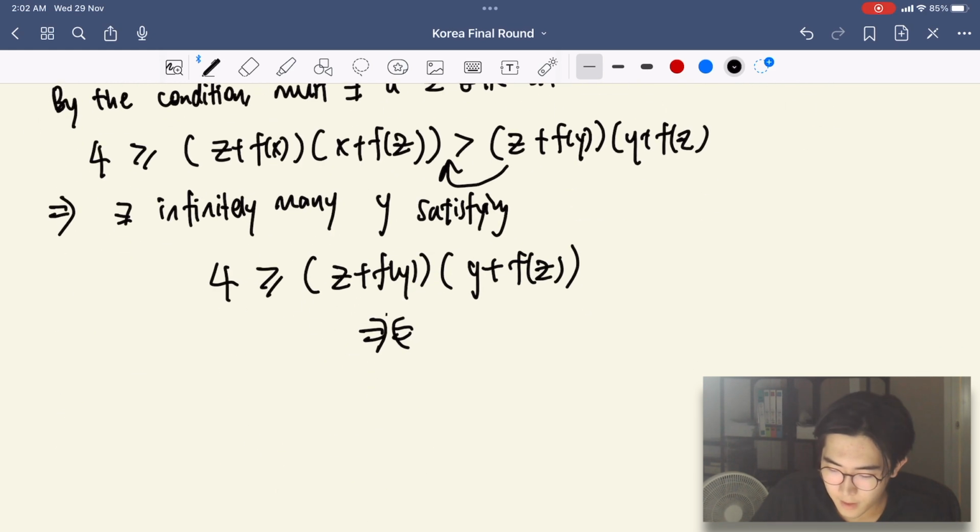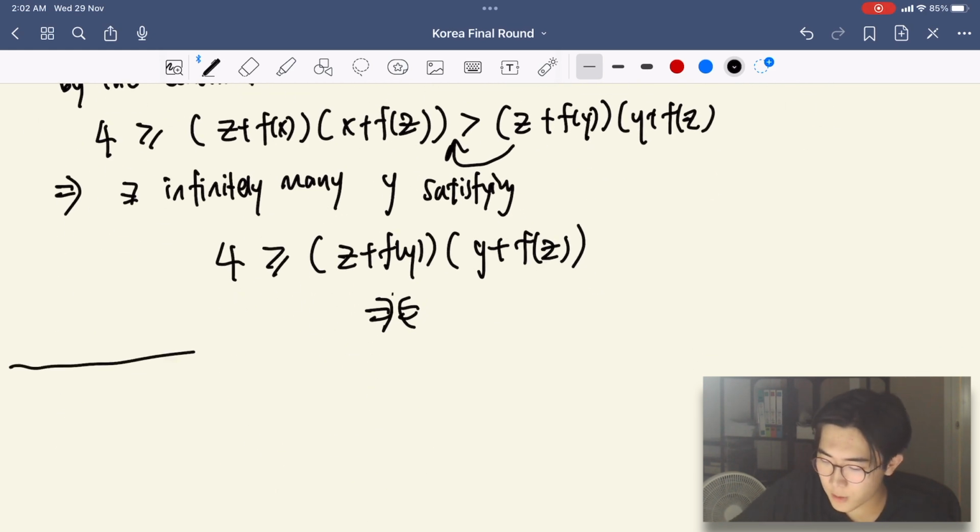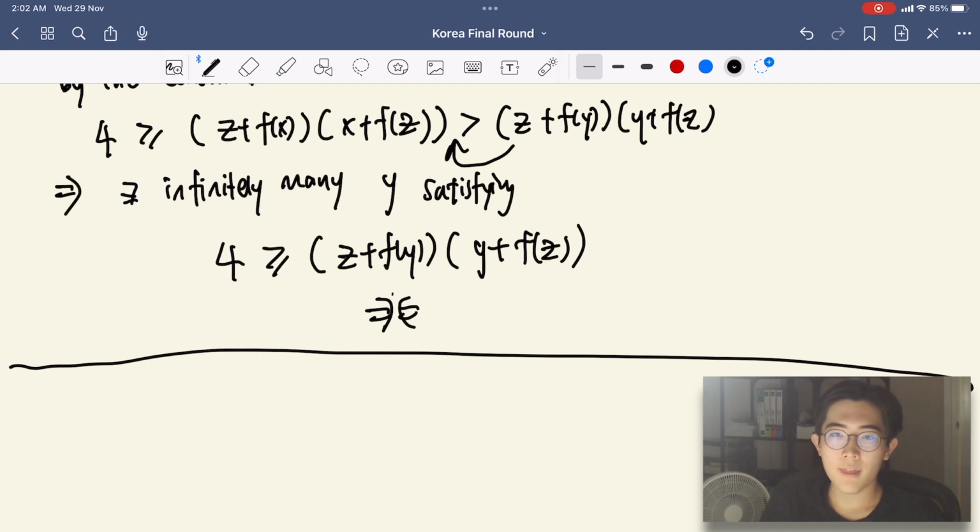Okay, so now let us go back to our original assumption that there exist A and B such that A is larger than B while f(A) is larger than f(B).